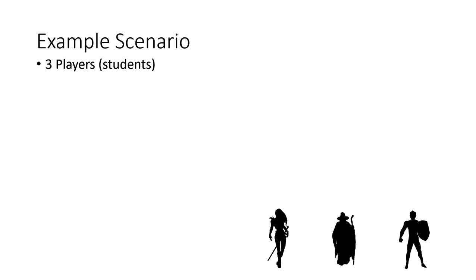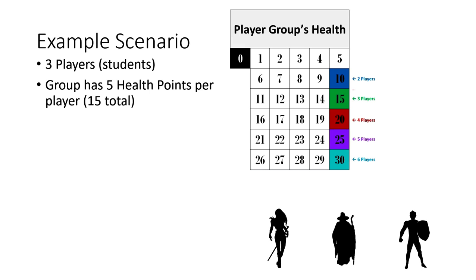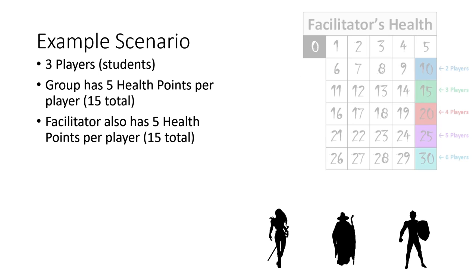Right, so let's do an example scenario where we have 3 players who are the students, in this case represented by these avatar shadows. And the group, in this case, has 5 health points per player, 15 total. You see that this is a sliding scale to allow different group sizes to play without having an advantage or disadvantage.